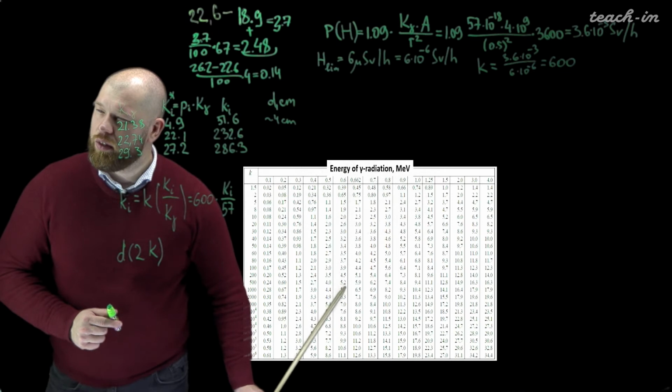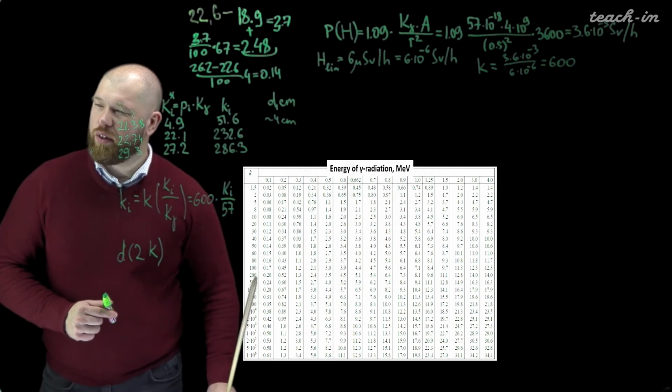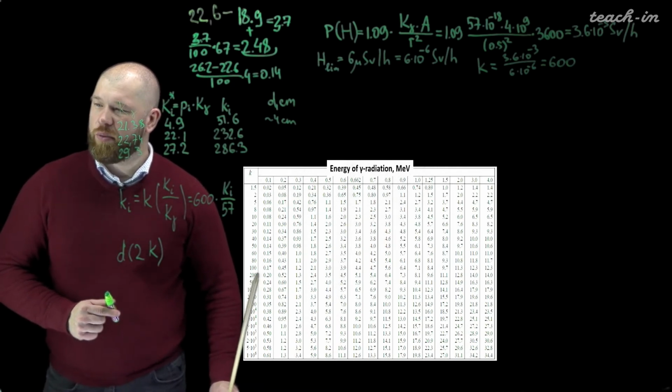We can easily recalculate it: we can take the difference between 500 and 200, it will be 300 K values.